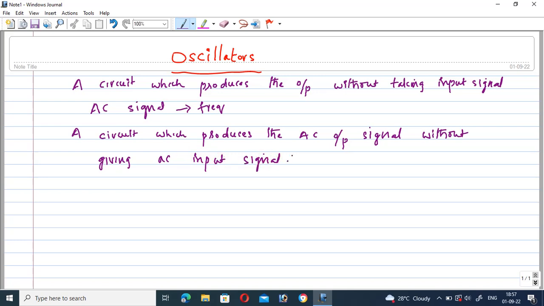These circuits are generally called oscillators. We can also define it as an electronic circuit which produces the output signal without giving any input signal.